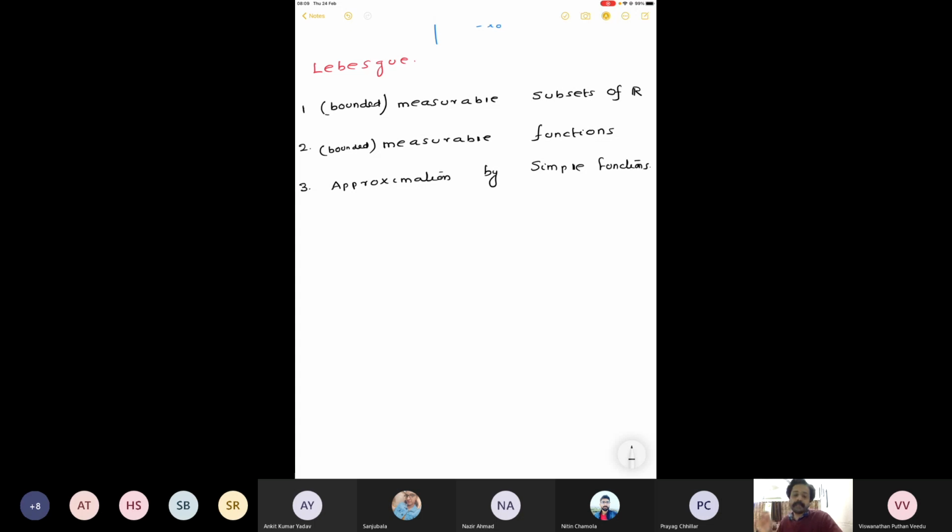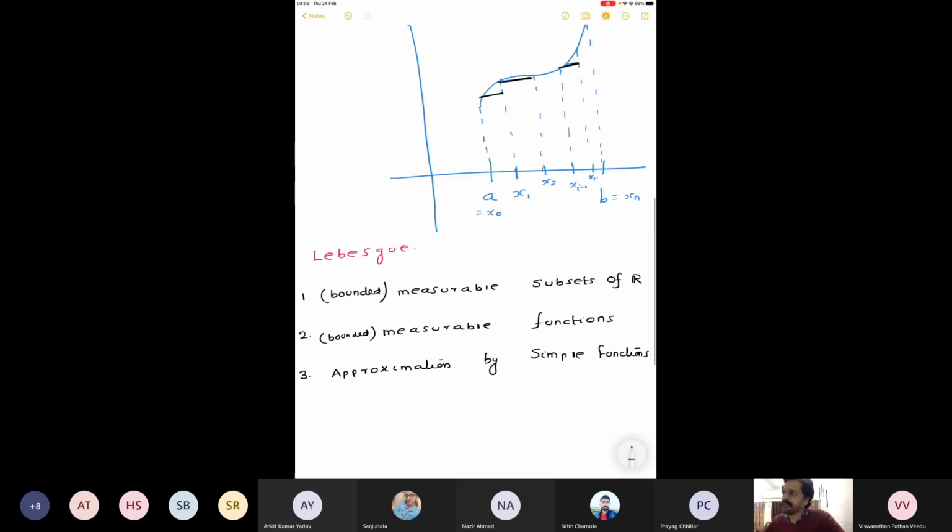So the right place to start is: what is a simple function? I have told you intuitively in the last lecture. Today we will start with the precise definition and properties of simple functions. Now, to get an intuitive idea of a simple function, go back to the step function.